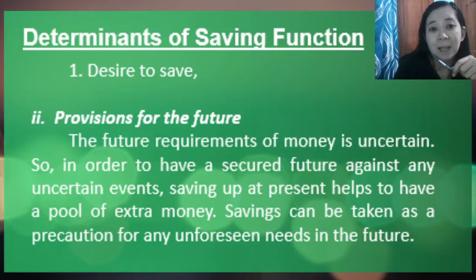Savings can be taken as a precaution for any unforeseen needs in the future. That's why there are people who would like to save, because this will be used in the future, for precautionary purposes.